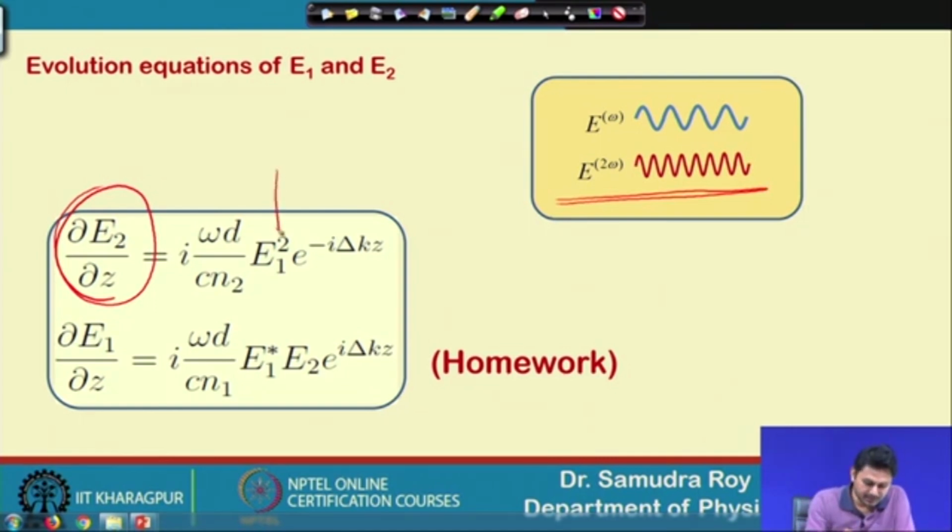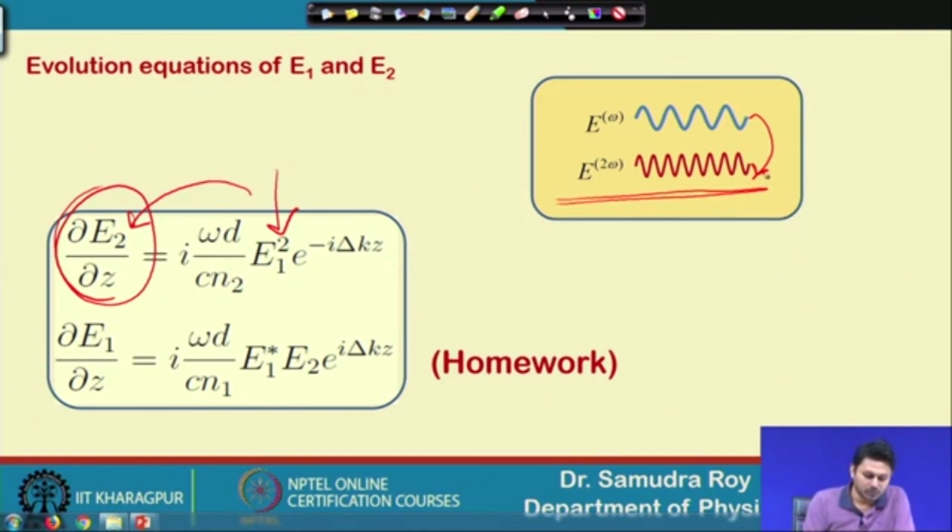The source term suggests that in order to excite the second harmonic you need some sort of source, and this source is nothing but the fundamental wave. The fundamental wave is used as a pump that gives rise to the wave having frequency 2 omega.